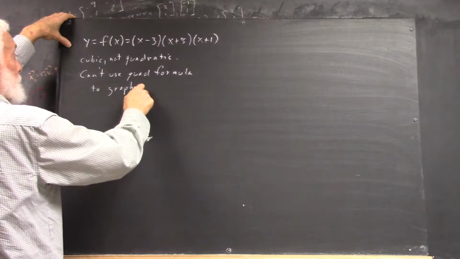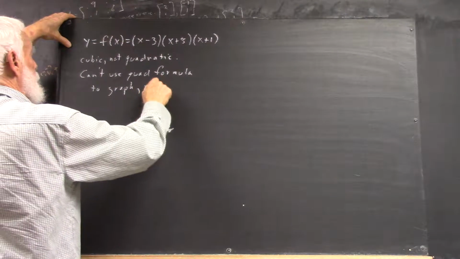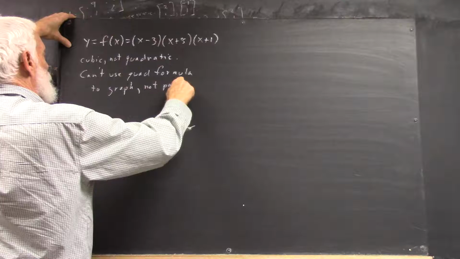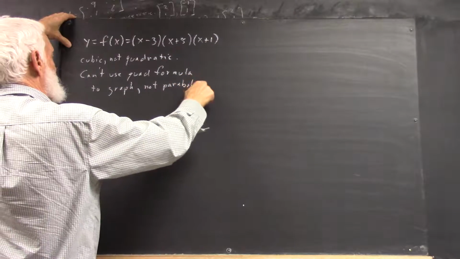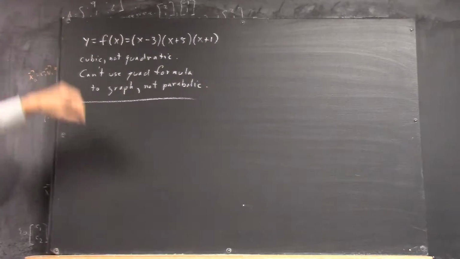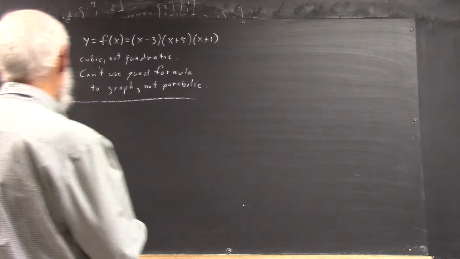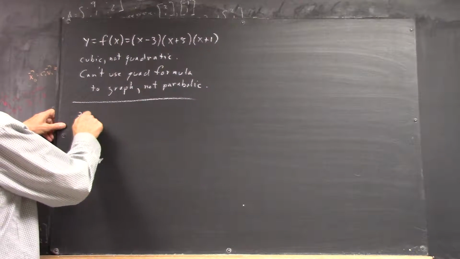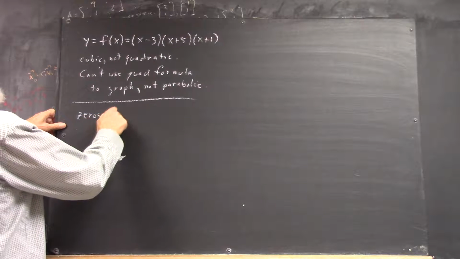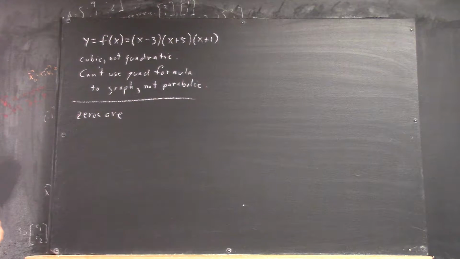Okay? And it's not parabolic. So what can we say about it? Well, we can say what the zeros are. What are they?